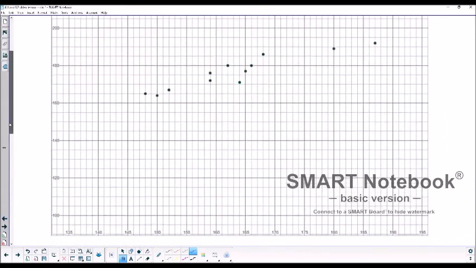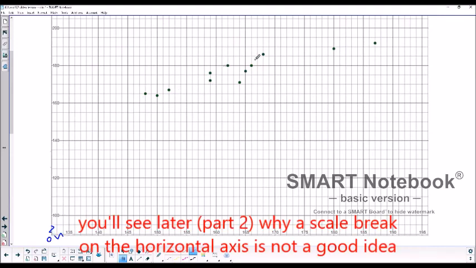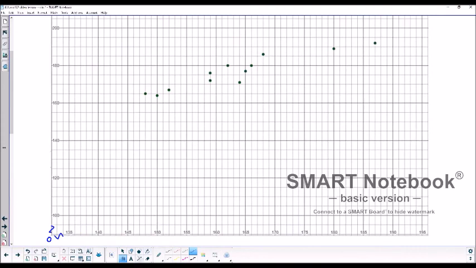And notice that we've got our scale break on both axes, and we've got a nice distribution of points here. We can draw a line of best fit, and remember that what we want to do is make sure that the line goes through as many points as possible, but it doesn't have to actually go through any points as long as it's giving an average, to show the trend of what's actually happening with the data.